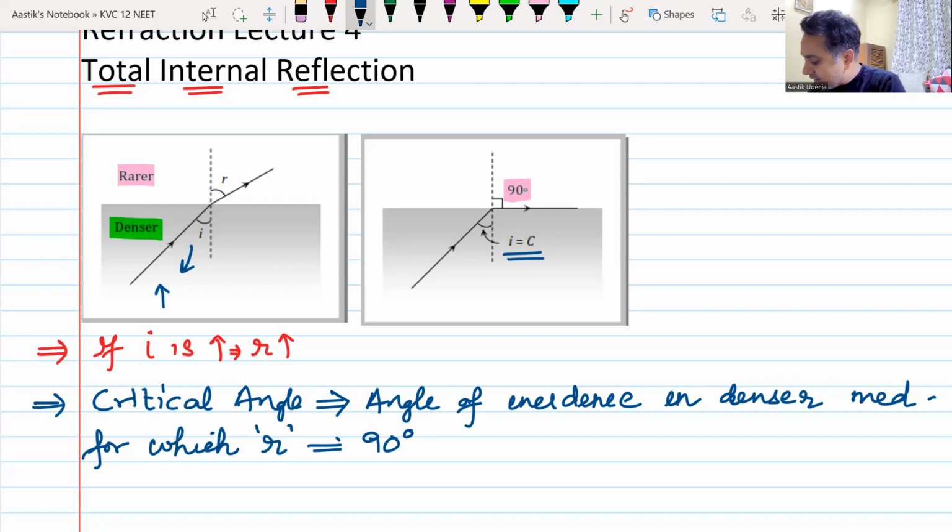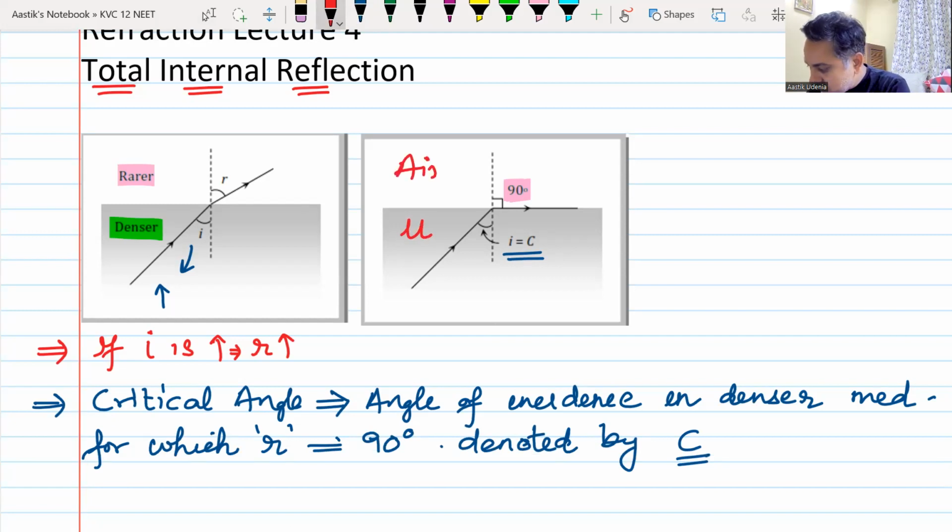This critical angle is denoted by capital C. If I say that the refractive index of this medium is mu and outside is air, what is the refractive index of air? What is the refractive index of air, beta?